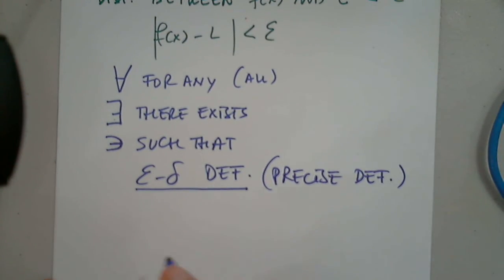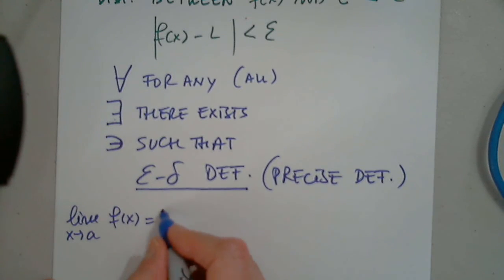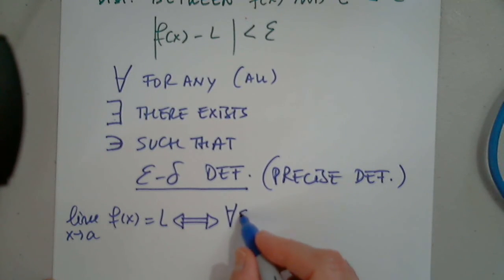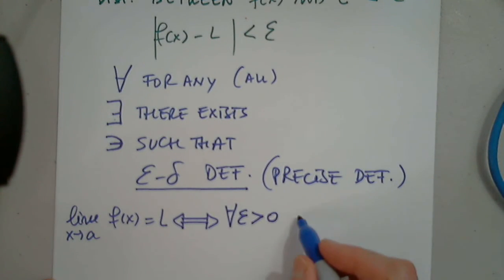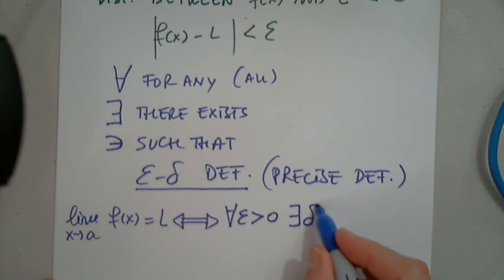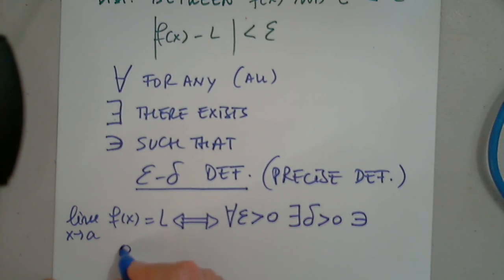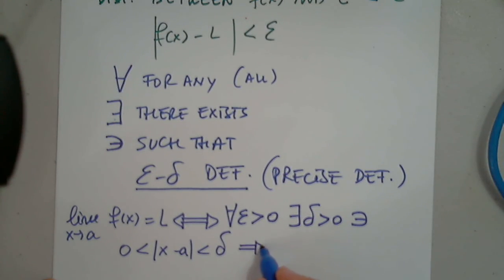In one line. Limit, maybe two because I write big. Limit as x approaches a from f of x is L, is equivalent to, for every epsilon positive, there exists a delta positive such that, as I said, I don't have enough room because I write too big, 0 less than x minus a less than delta will imply f of x minus L less than epsilon.